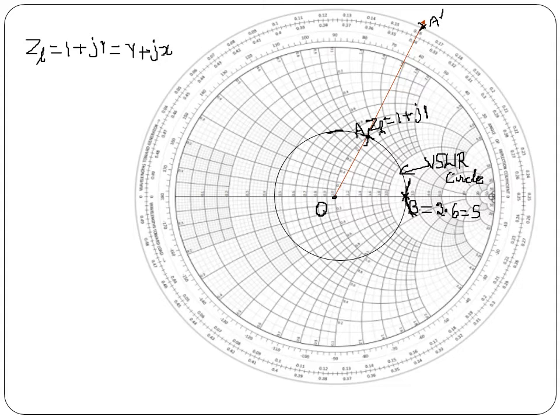We know that the horizontal radius to the right of the chart center corresponds to Vmax. The horizontal radius to the left of the chart center corresponds to Vminimum.